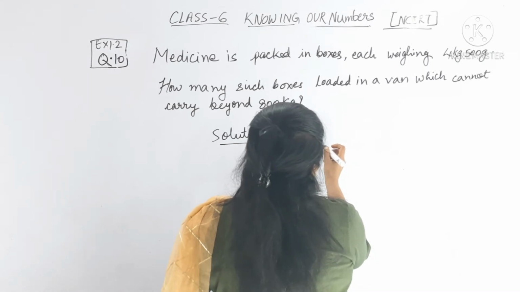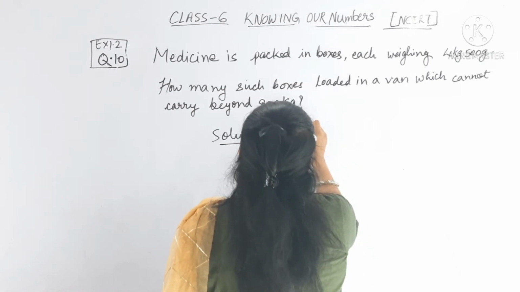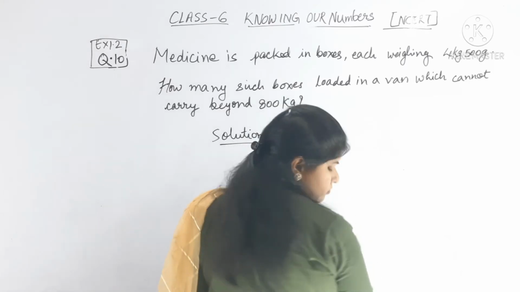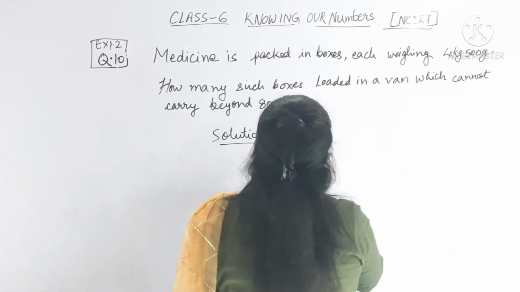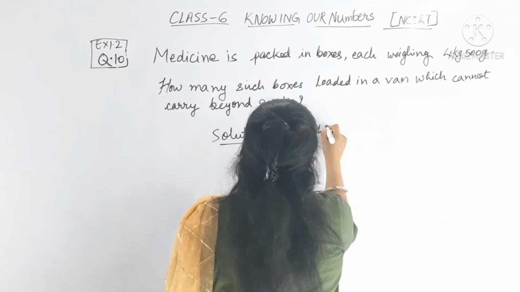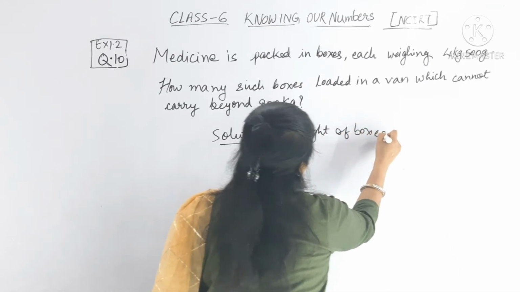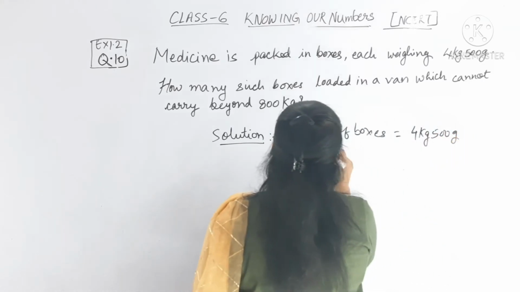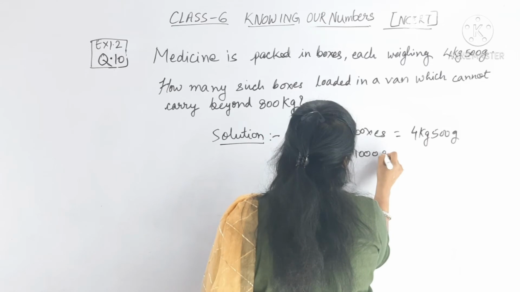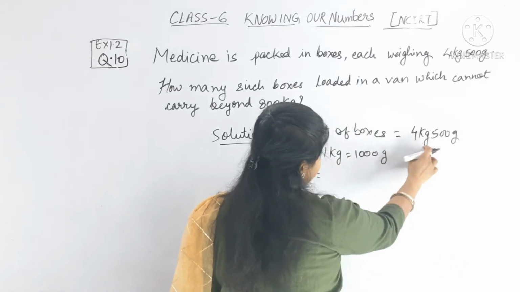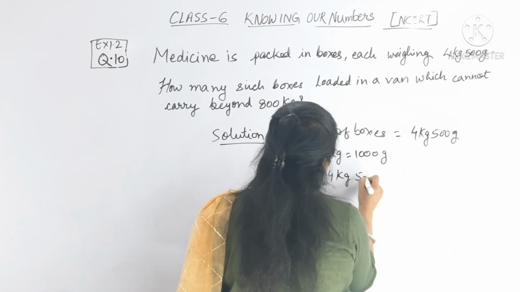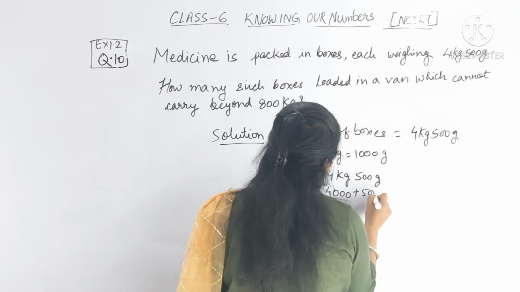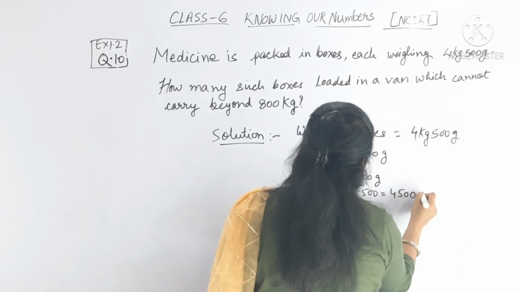Weight of boxes is equal to 4 kg 500 gram, and we know that 1 kg is 1000 gram, right? So we can convert this one. 4 kg 500 gram will be 4000 plus 500, that is 4500 gram.